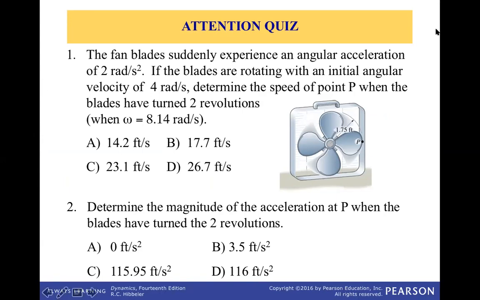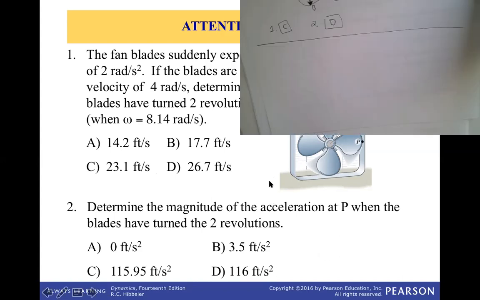The first one says you have fan blades that suddenly experience an angular acceleration of 2 radians per second squared. If the blades are rotating with an initial angular velocity of 4, determine the speed at point P where the blades have turned 2 revolutions.